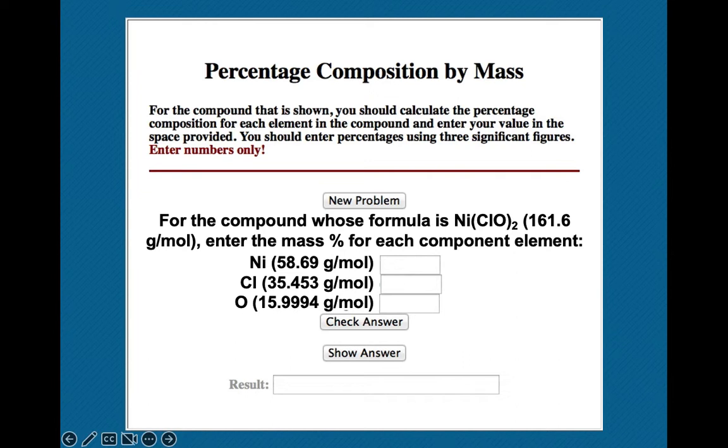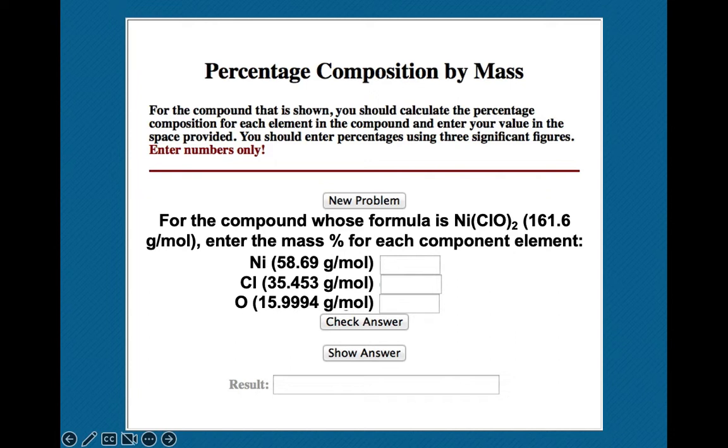We need to show the charge. ClO, missing 2 oxygens, hypochlorite. Each of these is a -1, so the nickel is +2. Nickel, 2 hypochlorite.